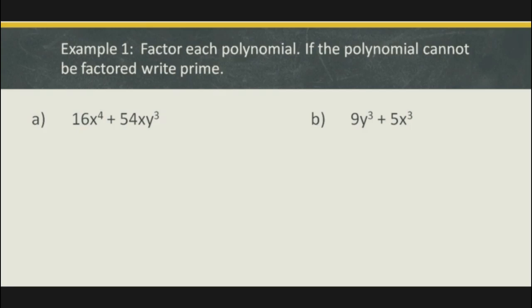What I want you to notice immediately is that both terms have an x, as well as 16 and 54 both being even. And then you want to know what's the largest number that breaks into them.